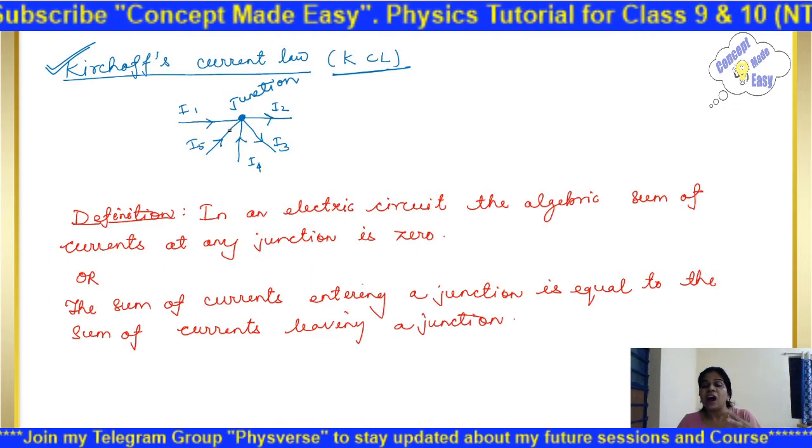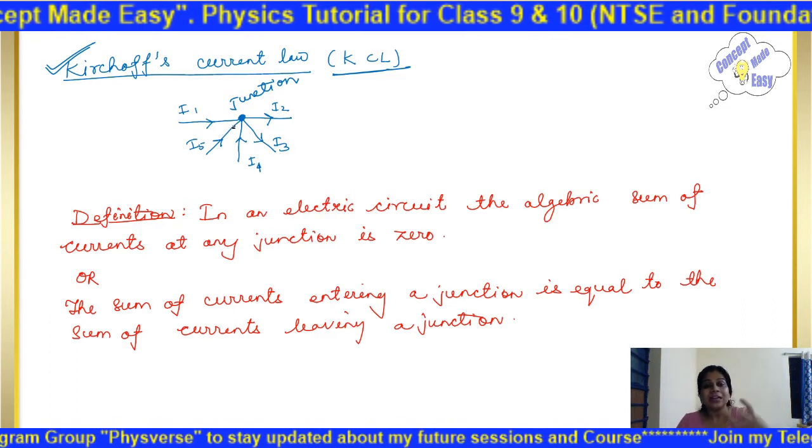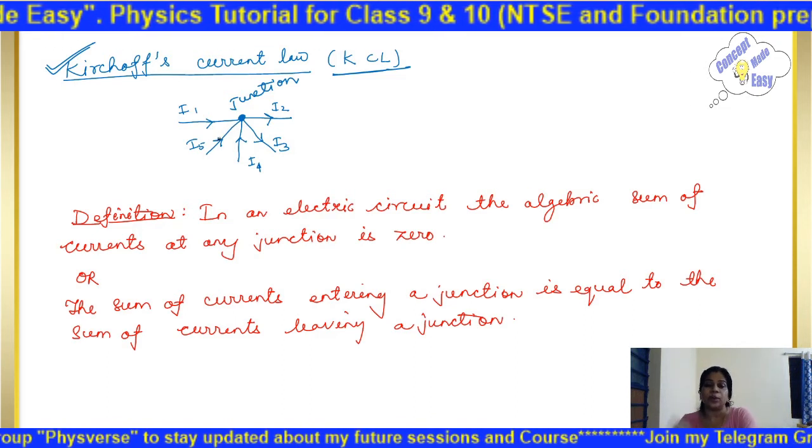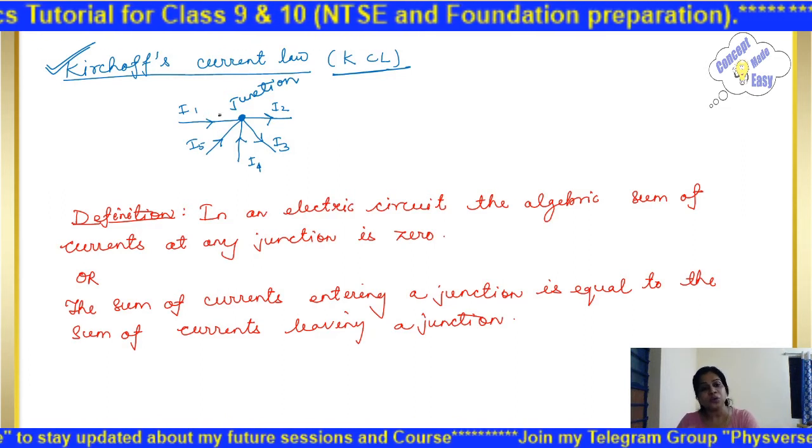Then how do we calculate which currents are coming and which are going? There is a very simple rule, Kirchhoff's junction rule or Kirchhoff's current law.